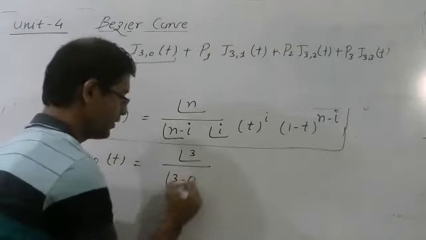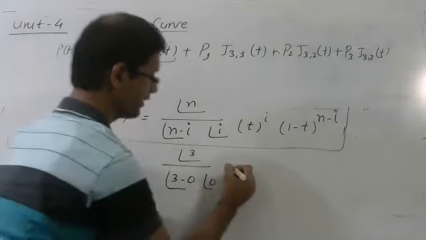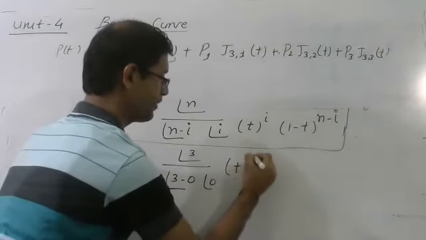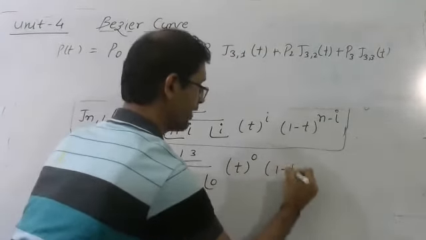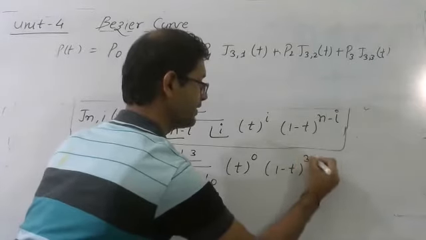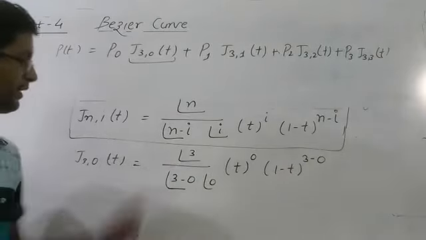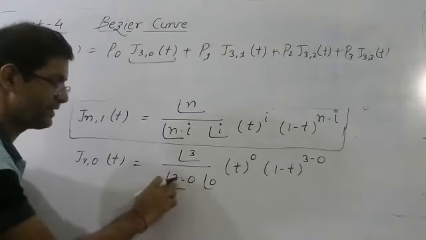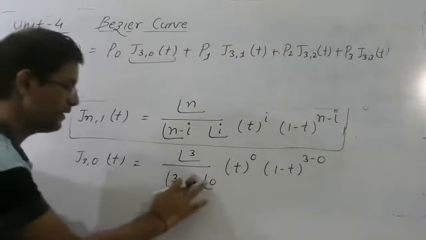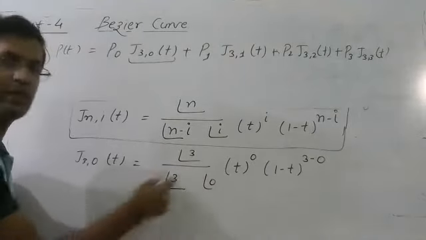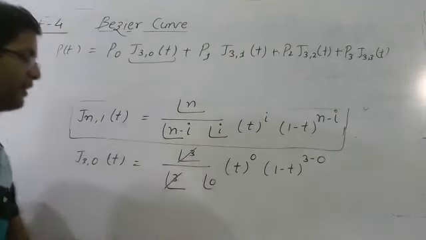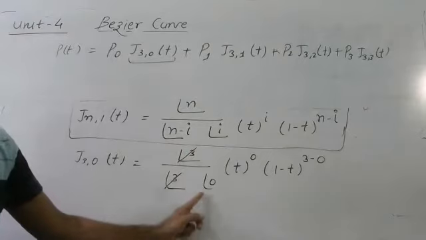So 3 minus 0, then factorial 0 multiplied by t to the power 0 and (1 minus t) to the power n minus i, n is 3 and i is 0. This will become 3 minus 0 will become 3. Factorial 3 and factorial 3 will get cancelled. The value of factorial 0 is 1.